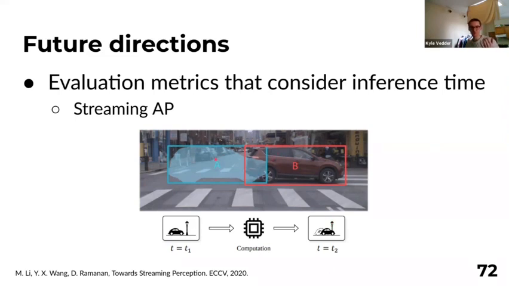If it takes you 3 seconds to process input A and then you spit it out, the problem is B is what the real world looks like now, and this detection is useless. And so it might actually be better to have a far worse quality detector that runs way faster because you'll get a better representation of what the real world actually looks like. And that is encoded in this streaming AP.